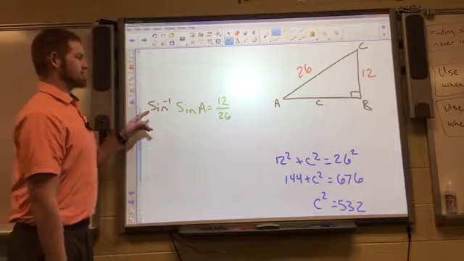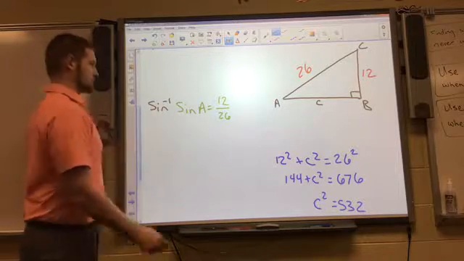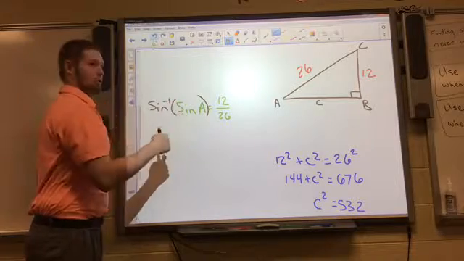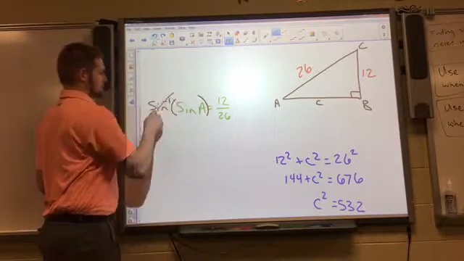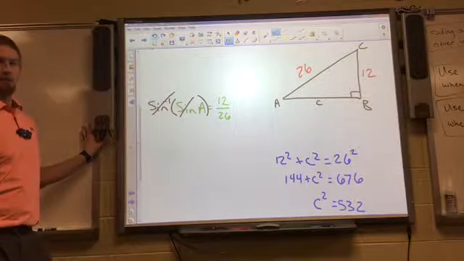Just like if you were to multiply something that was being divided, or you divide something that was being multiplied, those cancel each other out, don't they? The inverse sine and the regular sine are going to cancel each other out.